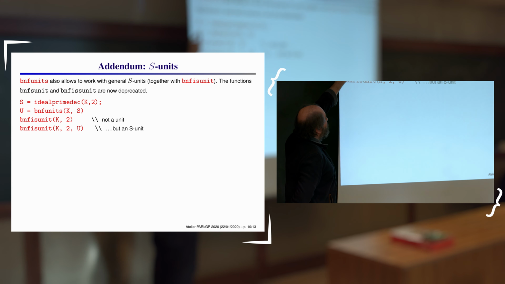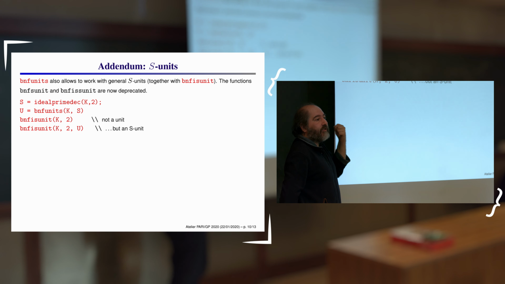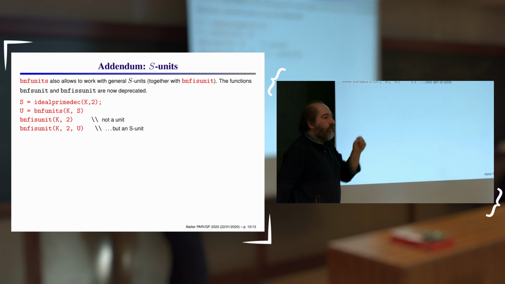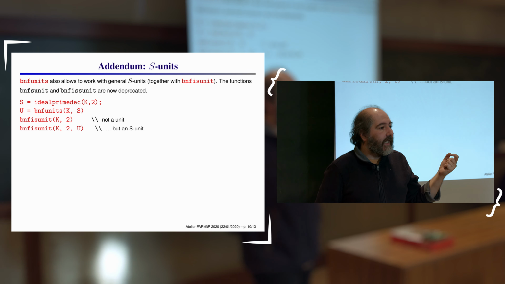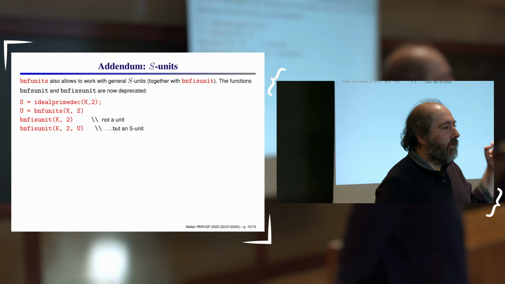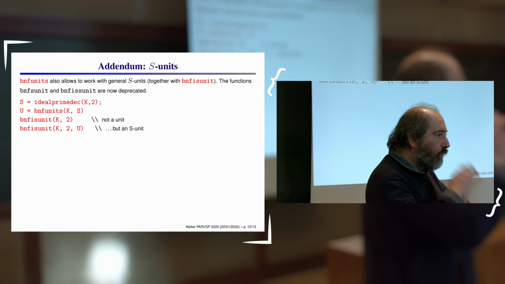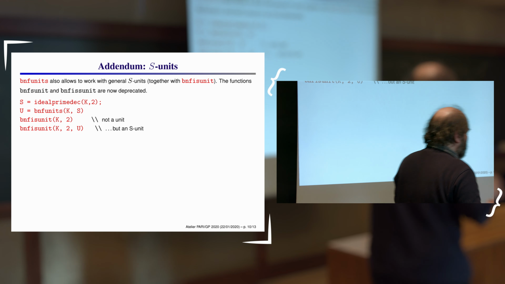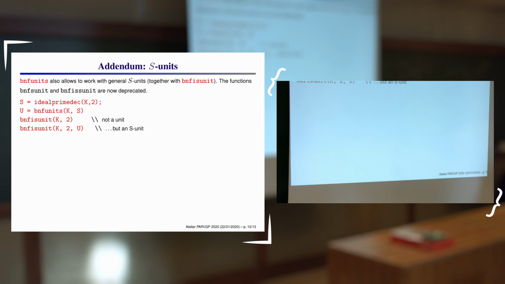And we get a structure which represents the S unit group. The first component of that structure is the list of S units, the full generators. There's no two-fold uniformizer madness.